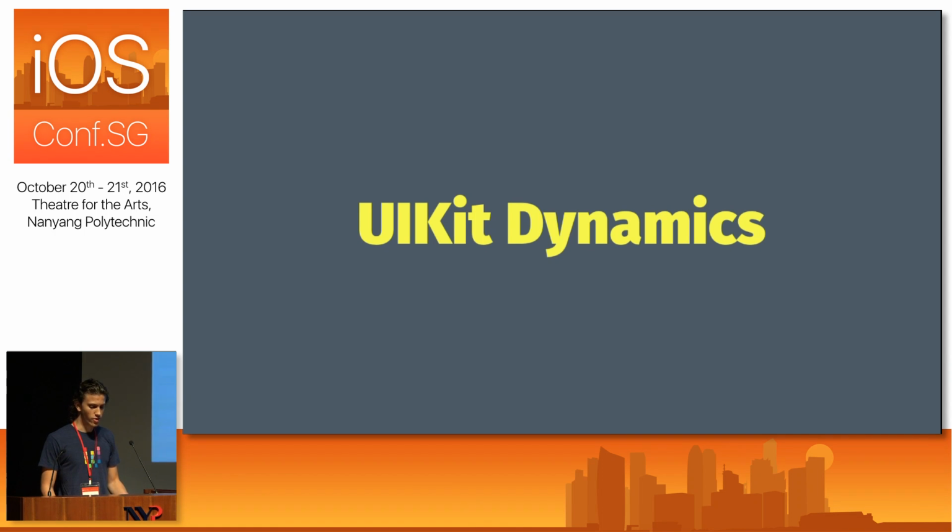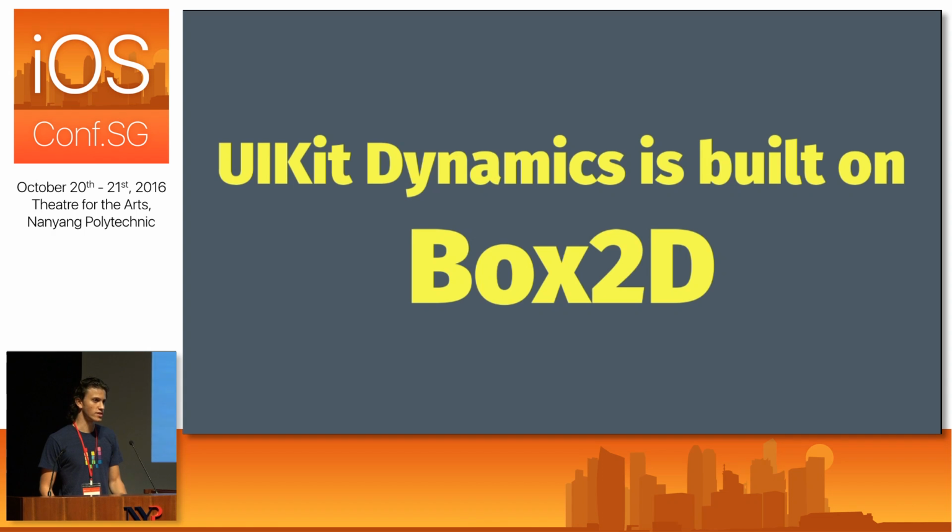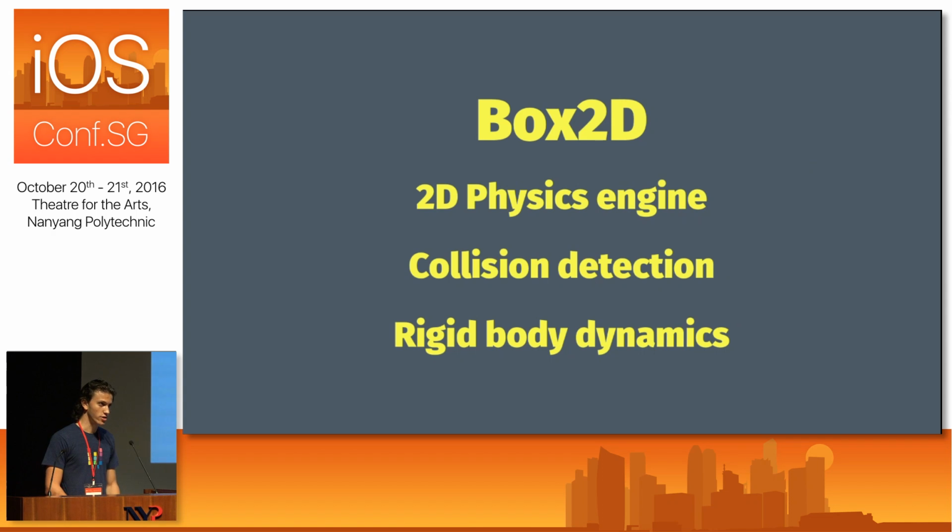This is because UIKit Dynamics is built on a physics engine called Box2D. And Box2D is a 2D physics engine. It has collision detection and rigid body dynamics. But if we're building a simple force-directed graph layout, we don't need things like torque and collision and all of the other things that come with this physics engine.